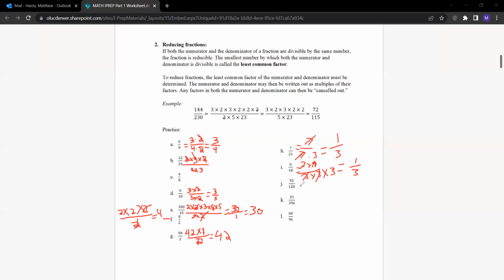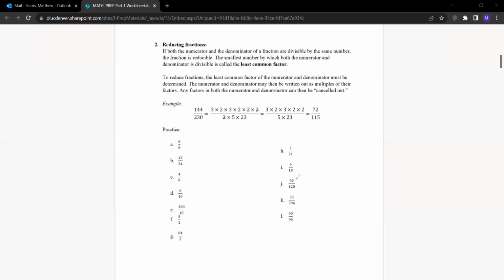So we got 92 over 120. So let's erase some stuff because this might take a little bit more space. So 92 over 120. So you have 92, which is 2 times 46. 46 divided by 2 is 23, which is a prime number. So 2 times 2 times 2 times 23, that's all that goes to.